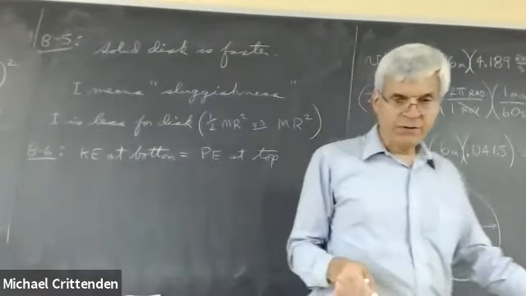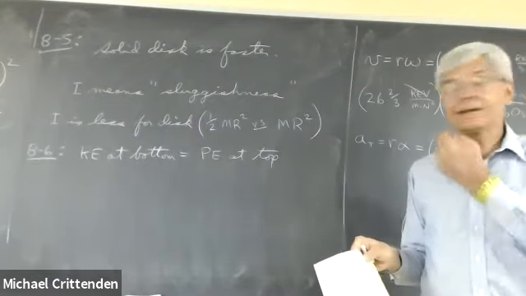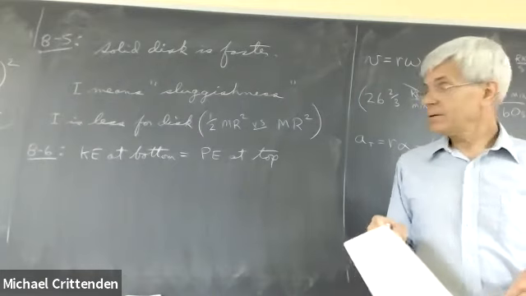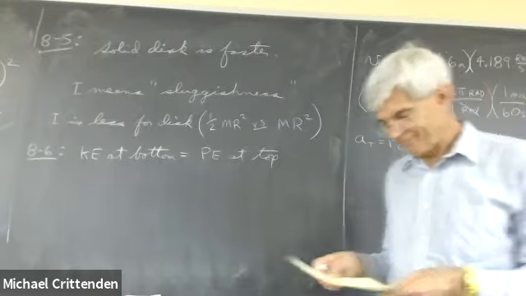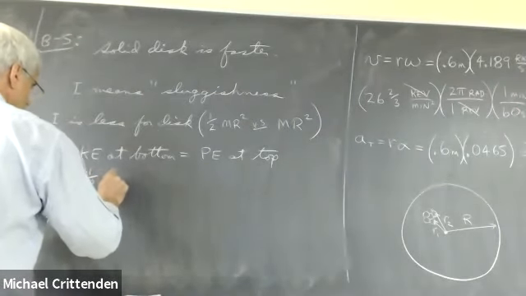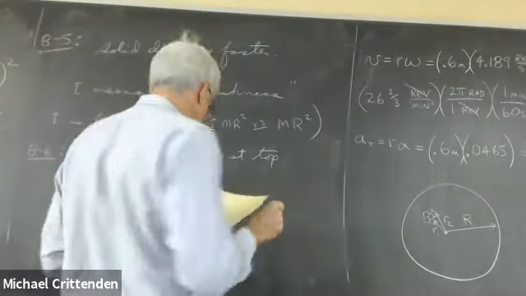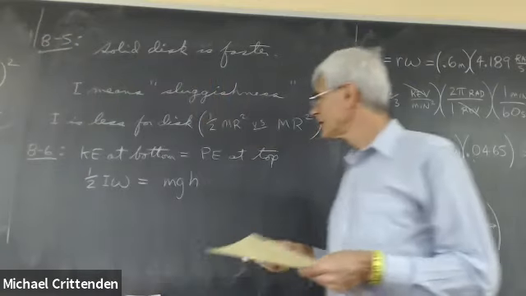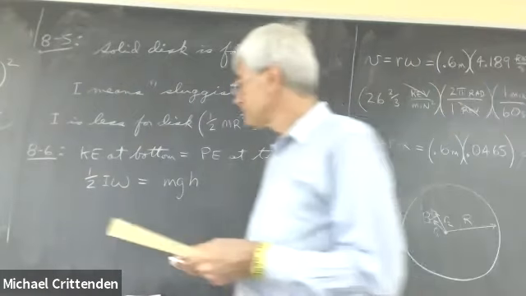So when it's at the bottom of the string, it's spinning around and therefore has some rotational kinetic energy. As it climbs the string, that kinetic energy turns into potential energy. Fill in the numbers.